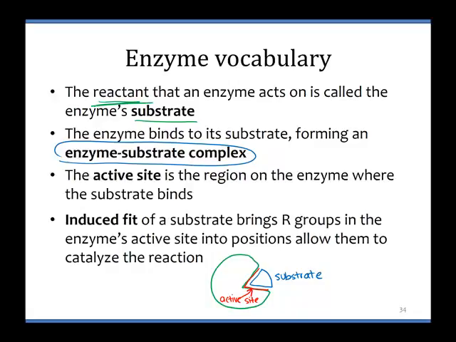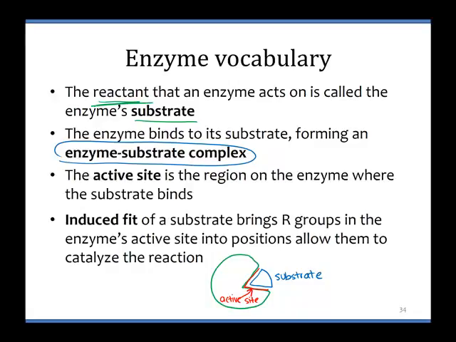Now what happens is as soon as a substrate attaches to an enzyme, remember, way back when, whenever you add anything to your protein, especially something as big and bulky as a substrate, you change the protein's shape. So as soon as you add a substrate to an enzyme, that enzyme will change shape, and the way it changes shape is to grab on more tightly to its substrate and bring some of its reactive R groups on its amino acids into contact with the substrate.